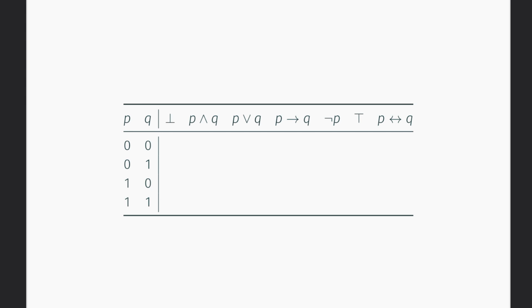So remember from the beginning of the video that I mentioned that connectives had a certain intuitive meaning. Now that we have fixed the meaning, we have fixed the semantics, we can look at this meaning in a more formal manner. So notice that for all of the connectives in this table, the arity is at most 2. So to see how all of these compound propositions behave, we need at least 2 propositional variables.